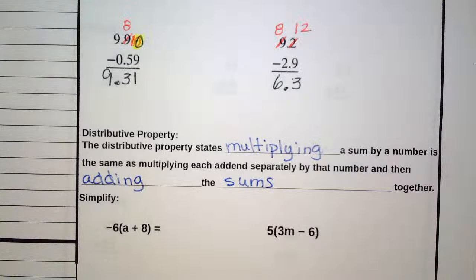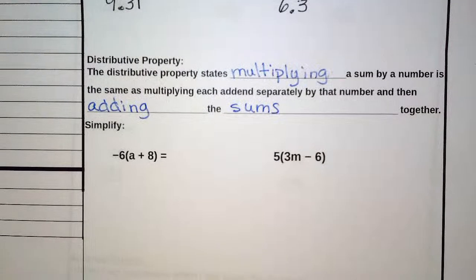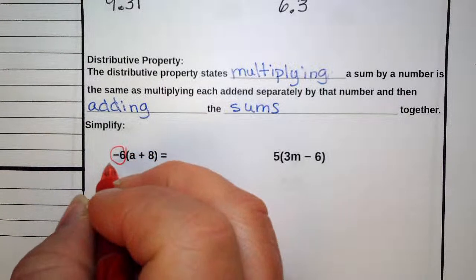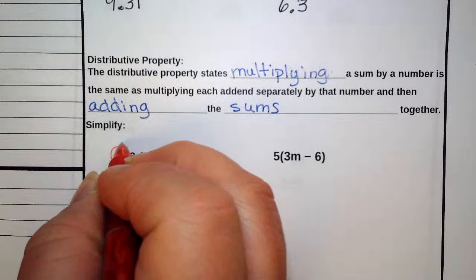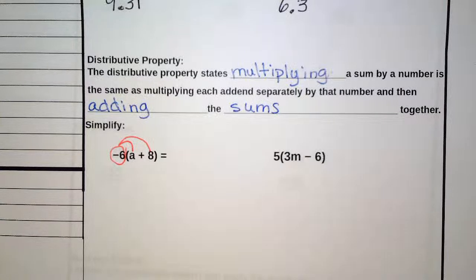So what does that mean? Well, we're going to write everything out so you can actually see the math. We know that we have to multiply everything on the inside by what's on the outside. So negative 6 times A and negative 6 times 8.